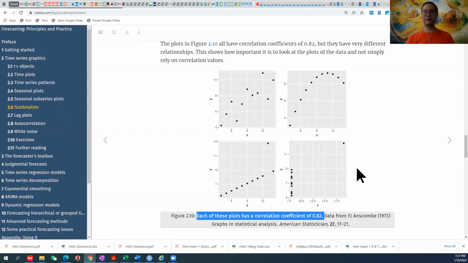For example, in this plot, the relationship between X and Y almost does not exist, because X is mostly fixed at one value, while Y changes within a range. So knowing Y does not help us predict X, and knowing X does not help us predict Y. So that's why.